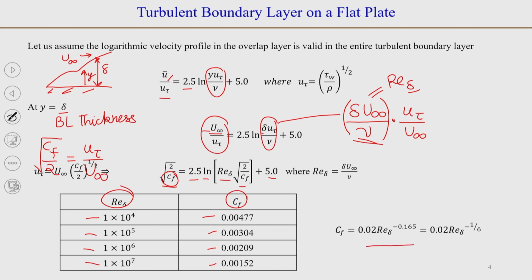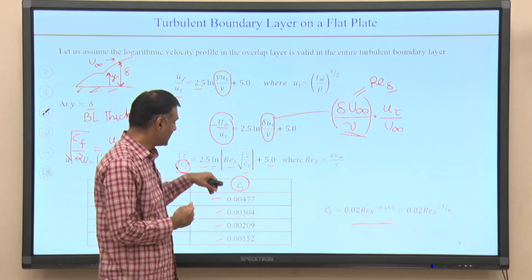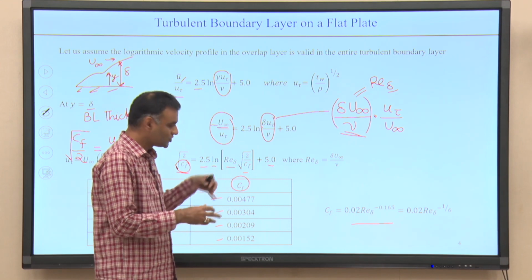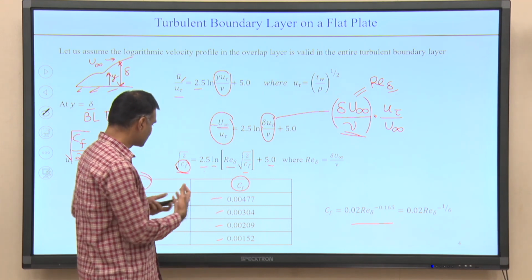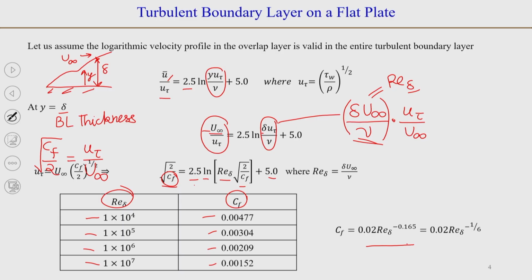If you find the best fit curve for this data using these 4 data points only, then you will get a simpler relationship, because this relationship, though it is accurate or relatively accurate, has a logarithmic form. So, to simplify the mathematics, they suggested that we could write down a simpler relationship between Cf and delta, which will be valid for at least these values of Re delta.